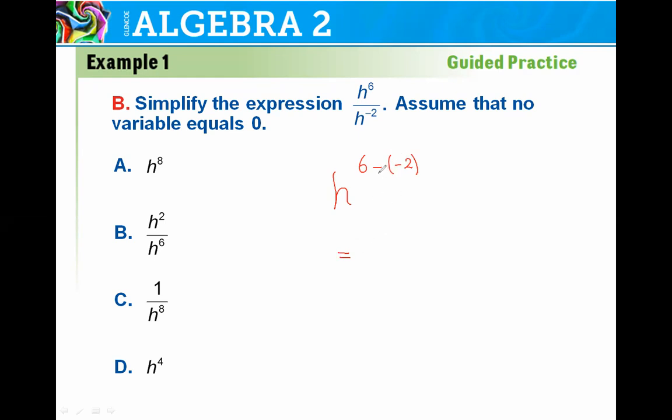No, 6 minus negative 2. This sign is changed into what? Positive. Yes, so it's 6 plus 2. 6 plus 2 equals 8. So it will be h power 8. And this is our answer, which is letter A.